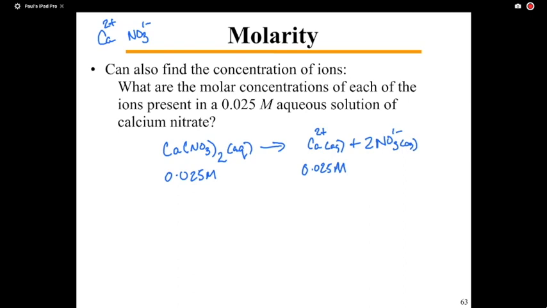Okay? It's the same because I break from 1 into 1. How much do you think the molarity is for the nitrate, though? Times 2. Because for every one compound that is concentrated at 0.025, I'm going to make 2 nitrates. Okay?